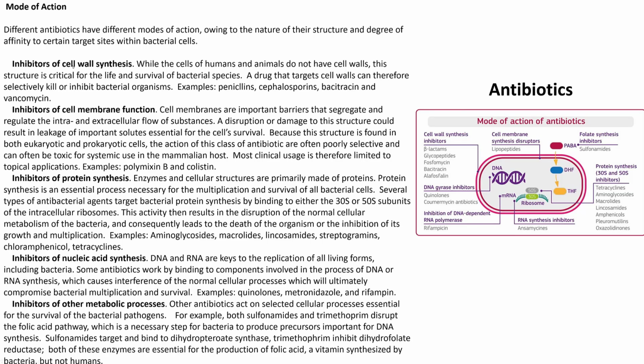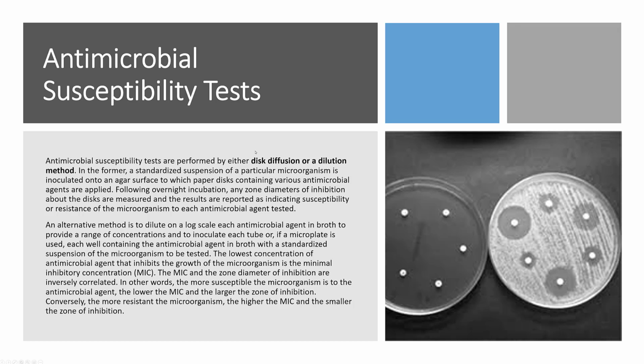I have listed here 5 different ones, the kind of broad settings, and we have some new ones on this list, the RNA synthesis inhibitors, and we're getting new ones all the time. So I've already kind of let the cat out of the bag in terms of the antimicrobial susceptibility test, and we use this disc diffusion or dilution method.